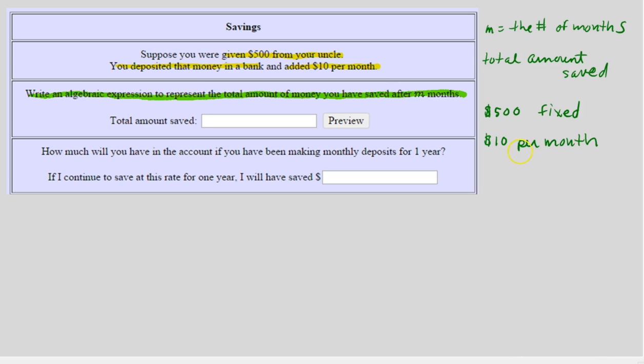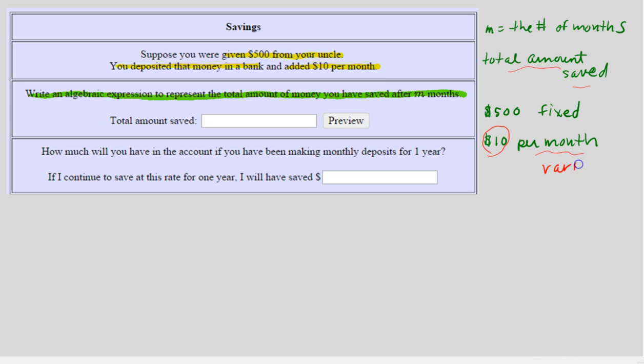Because, remember, when you see per, that usually means that it's going to be a variable amount. So every month, the $10 is fixed. The amount that you put in every month is fixed, but the total amount saved is going to vary because the number of months can vary.